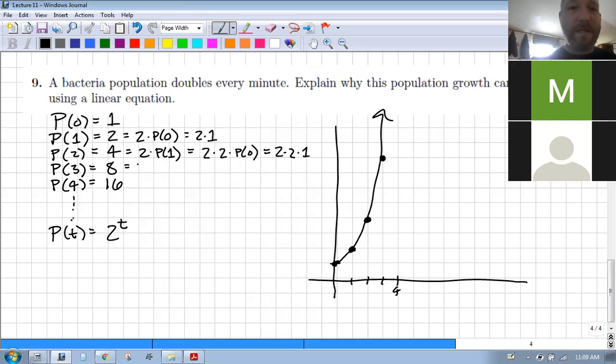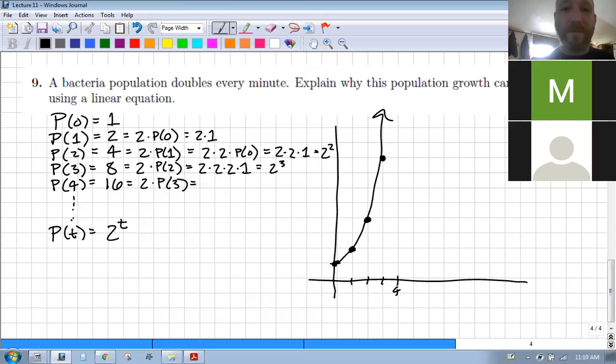So p of 3, it's twice the previous. But the previous, p of 2, is 2 times 2 times 1. It's twice the previous, twice, and so on. Right? This is 2 squared. This is 2 cubed. P of 4 would be twice P of 3.